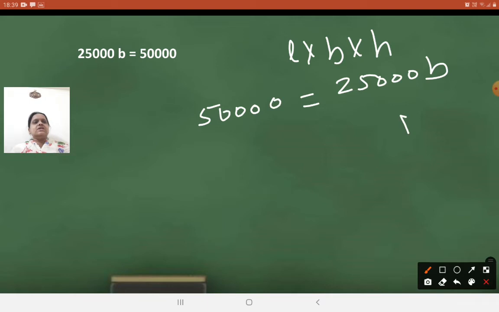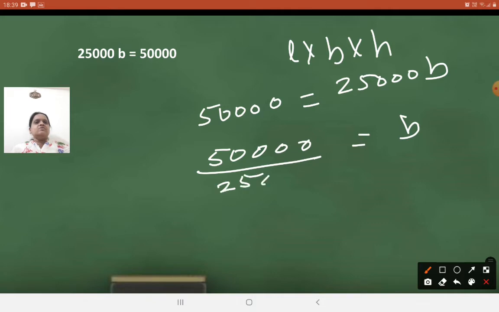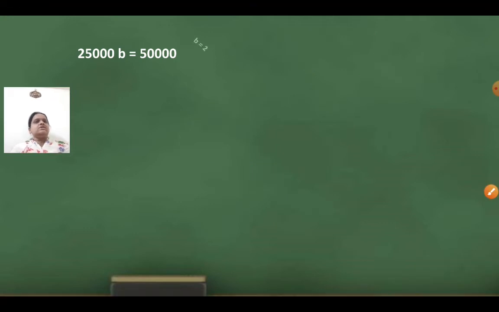Just solve it as an equation. So B will become 50,000 upon 25,000. The 0s will get cancelled. 25 ones are 25, 25 twos are 50. So you will get the B value as 2. So just write it down.